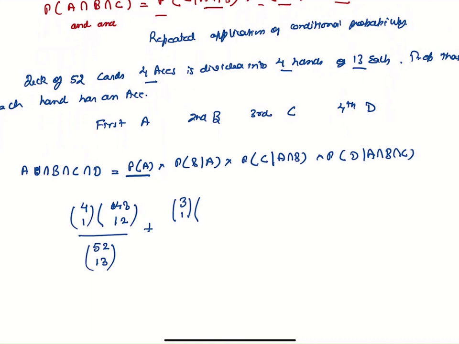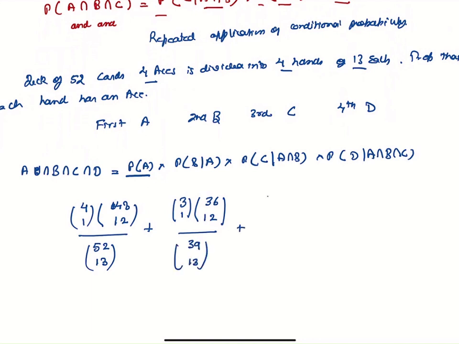We already took 1 ace out of them, so the remaining non-aces are going to be 36 and we're choosing 12 from them, and this is now over 39 choose 13.